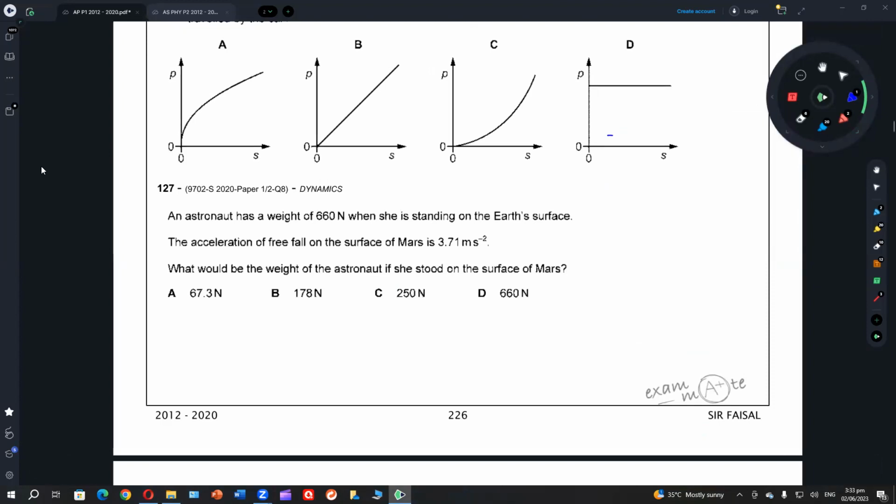An astronaut has a weight of 660 Newton when she is standing on the Earth's surface. The acceleration of free fall on the surface of Mars is 3.7. What would be the weight of the astronaut if she stood on the surface of Mars? First, we divide 660 by 9.8 and then multiply the answer by 3.7. Ratio method, na? Mass doesn't change.